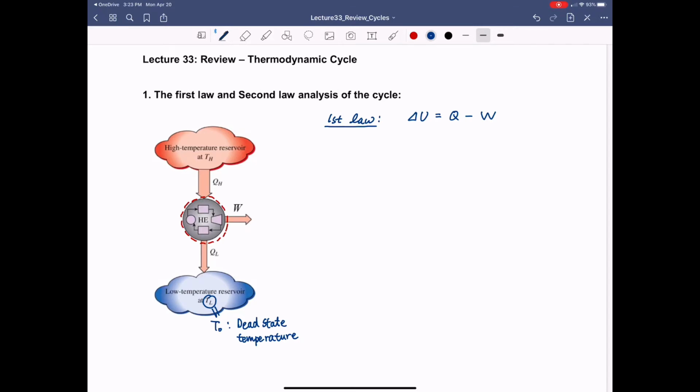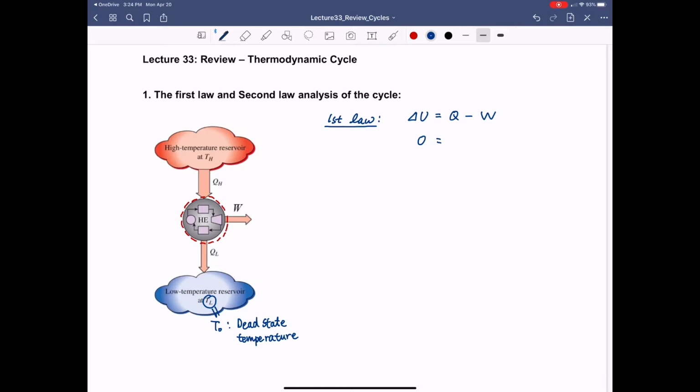The characteristic of a cycle is that your first state should be the same as your last state, because that makes a cycle, right? By saying that, the change of internal energy of the cycle should be 0.